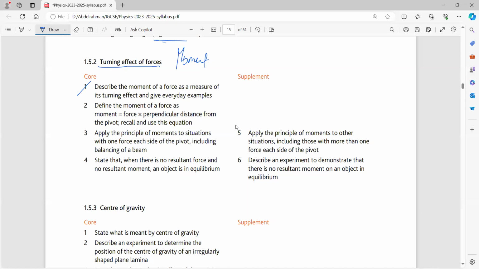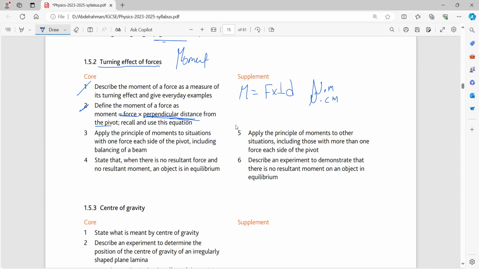Define the moment of a force as moment equals force times the perpendicular distance. That's why I have to say perpendicular distance from the pivot. We have to use the equation: moment equals force times perpendicular distance. Again, the unit was usually Newton meters or Newton centimeters.